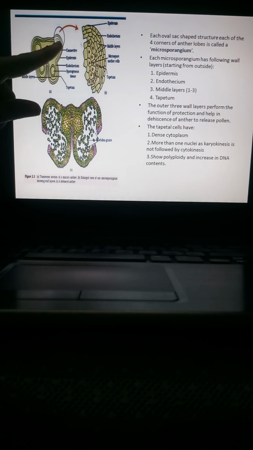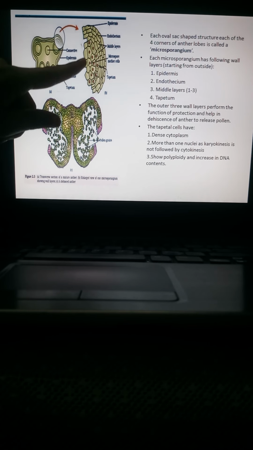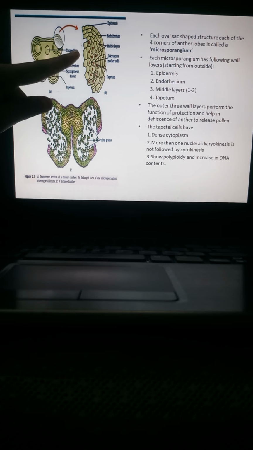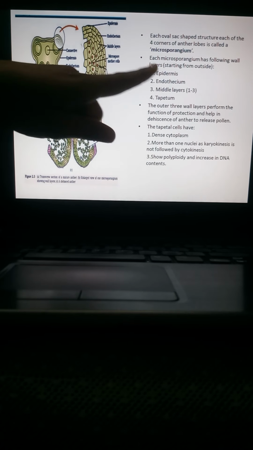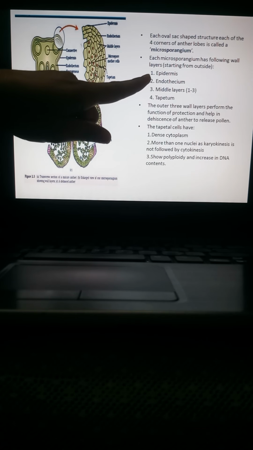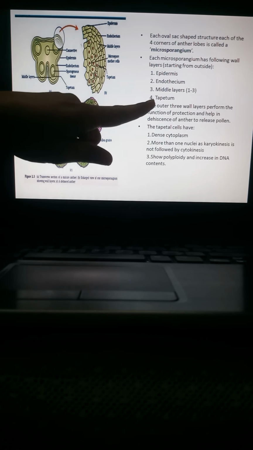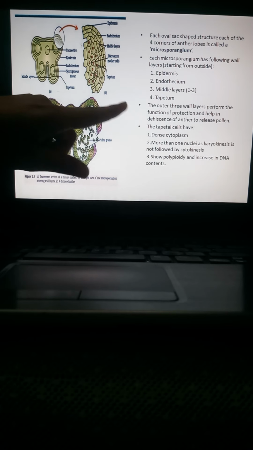Inner to the tapetum, the sporogenous tissue is present, where the significant activity takes place, where the spores will be formed, then the pollen grains. Each oval sac-shaped structure is called a microsporangium. Each microsporangium has epidermis, endothecium, middle layers and tapetum, which surround the sporogenous tissue.